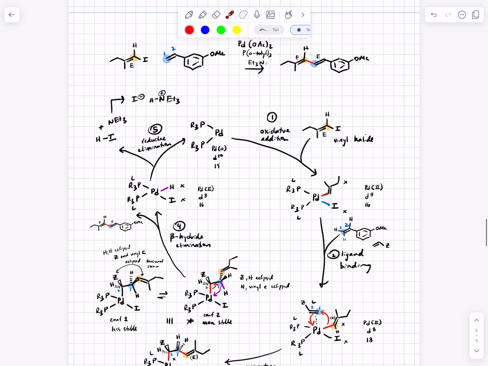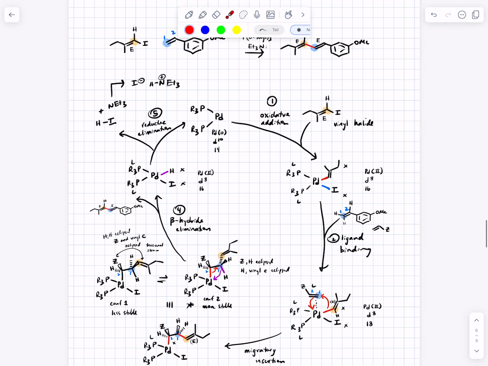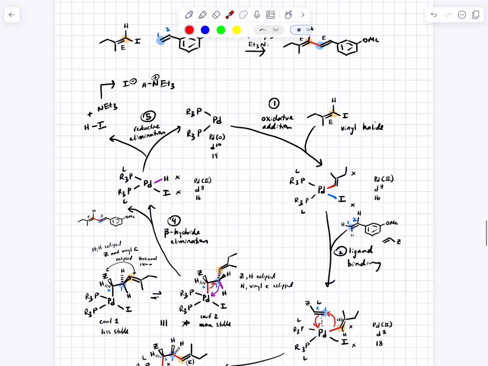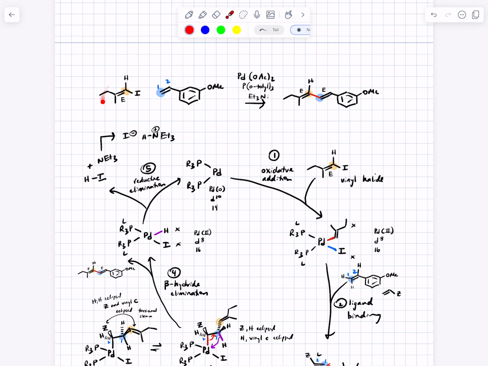The Heck reaction is interesting because the stereochemistry of the vinyl iodide or the aryl iodide stays the same. There isn't any stereochemistry about this olefin because it's a terminal olefin.